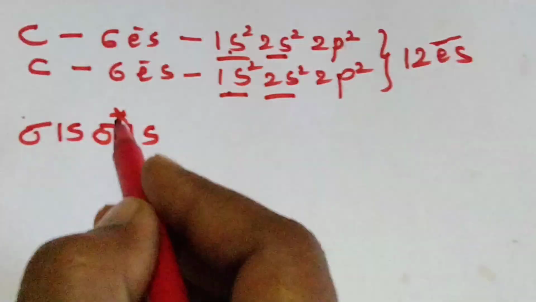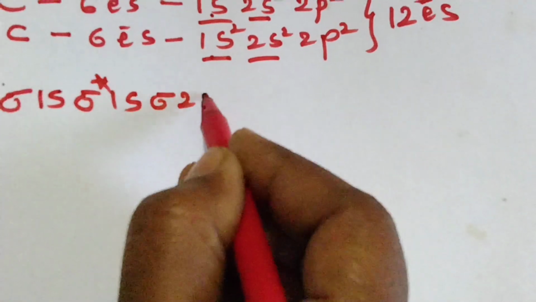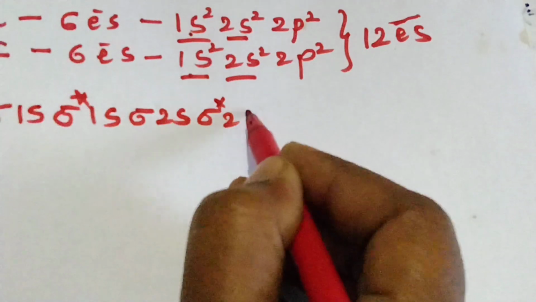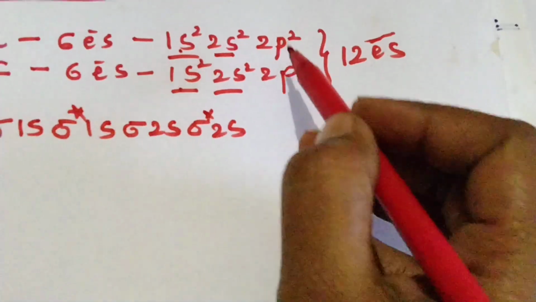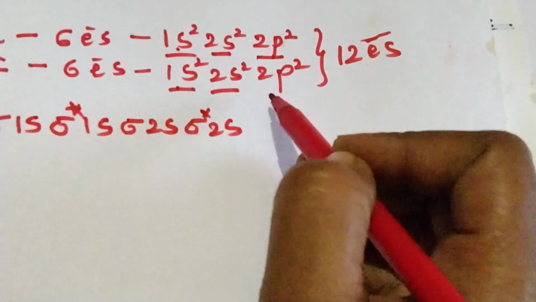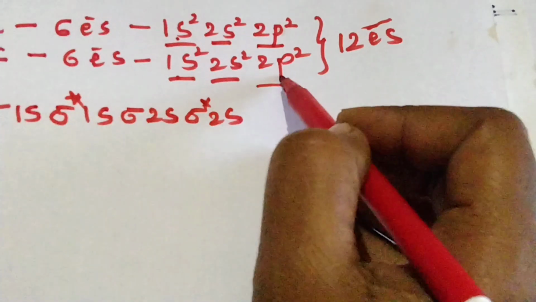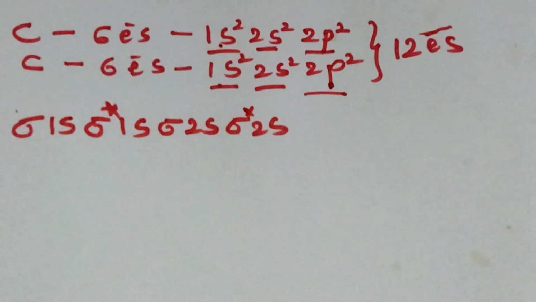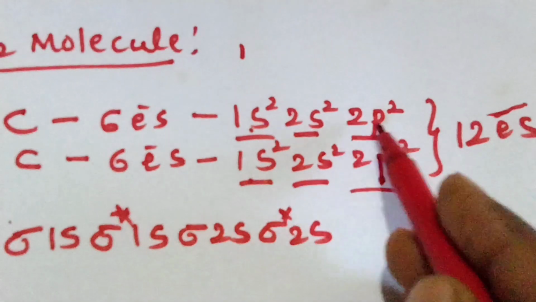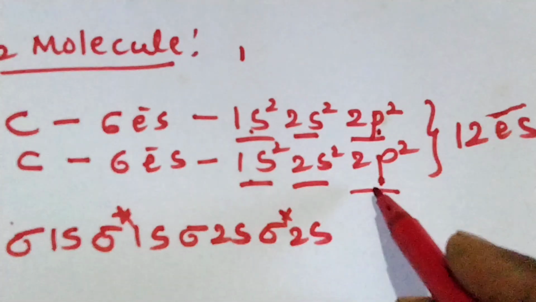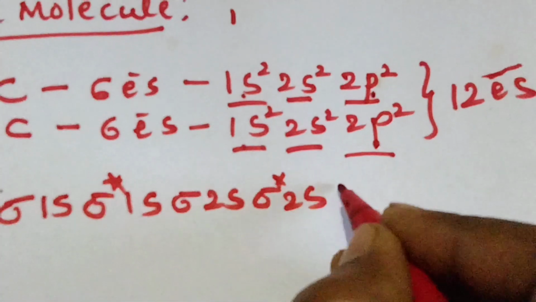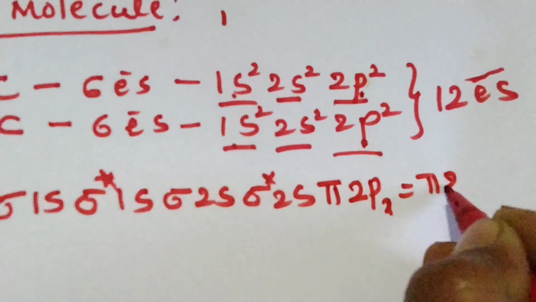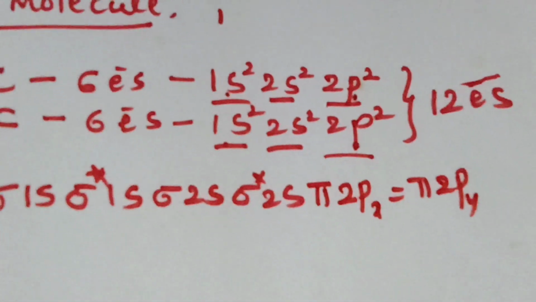Okay, similarly this is for 1s. Then 2s, sigma 2s, sigma star 2s. Now when the 2p atomic orbitals are combined together to form molecular orbitals, that is pi 2px equal to pi 2py.